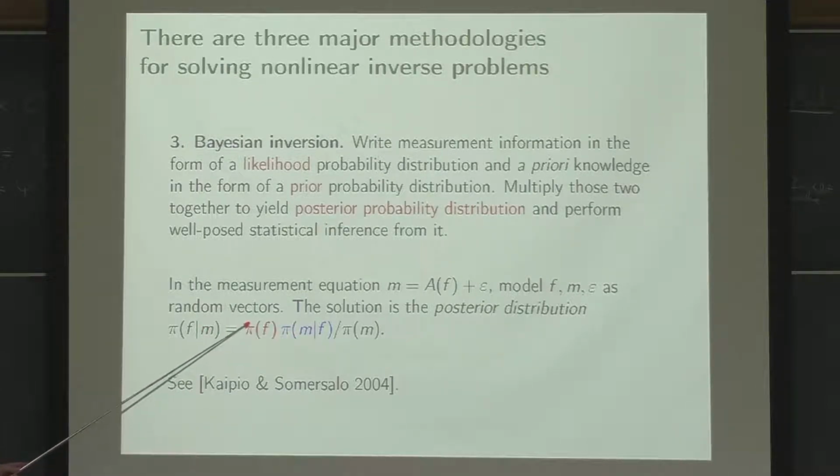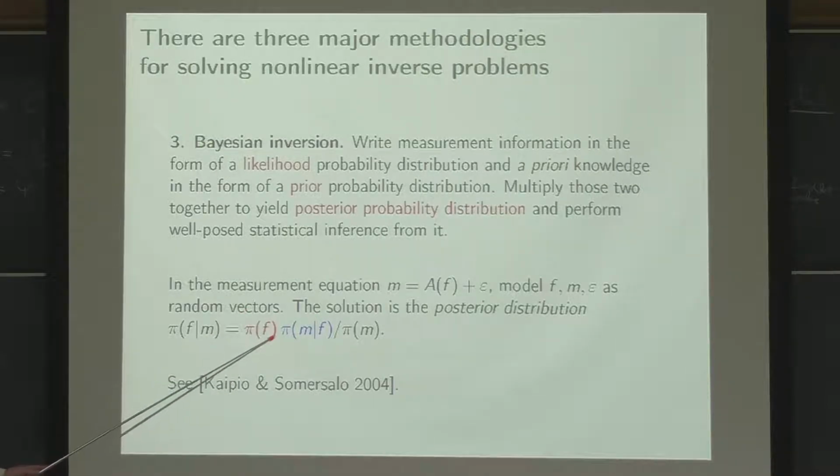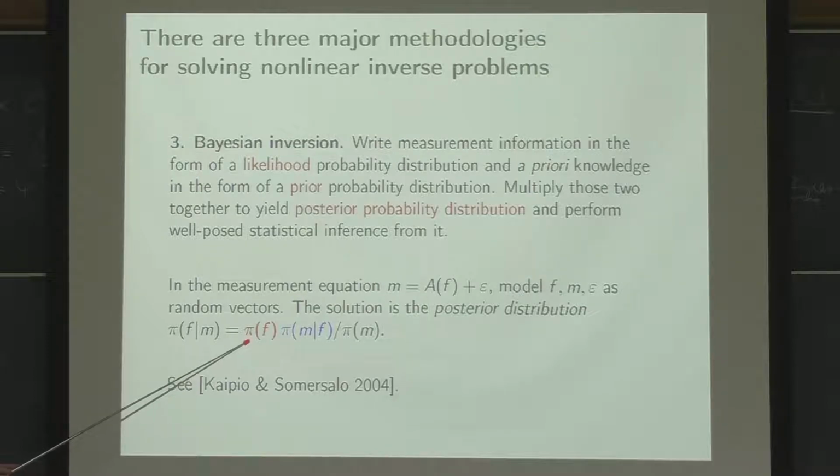And then we arrive at Bayes' formula, where here we put all a priori information about our unknown. This is a probability distribution that should give large probability for expected or typical f. Whatever we know about f, we put here.